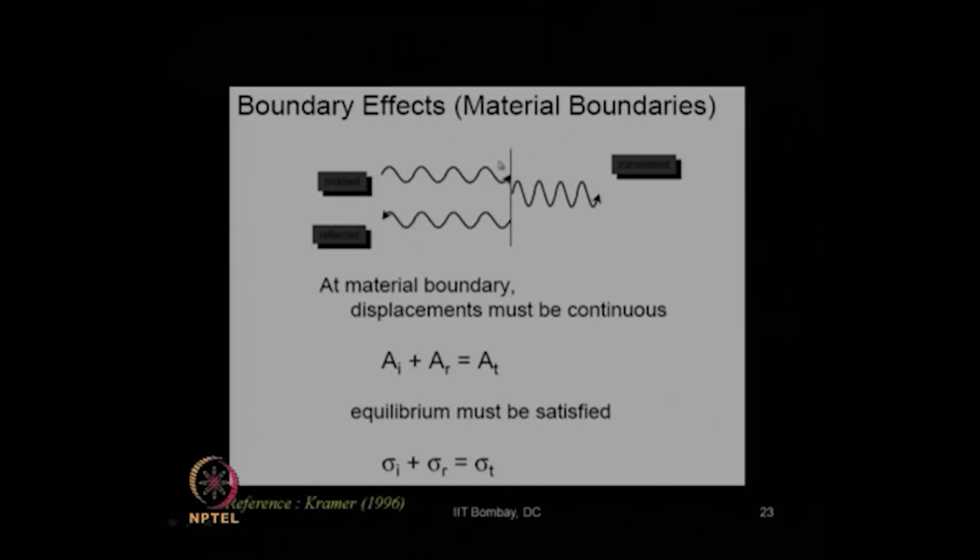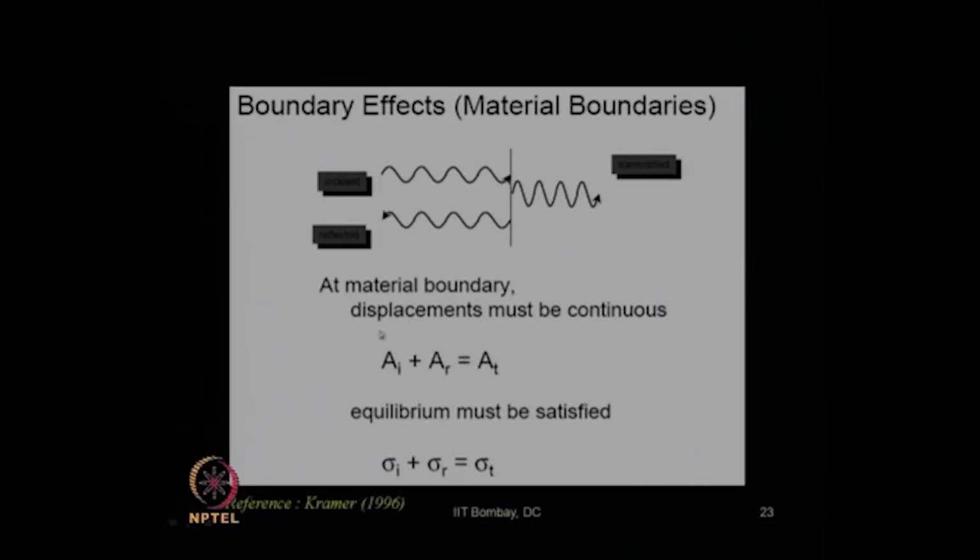So, to maintain compatibility at this material boundary, what are the conditions to be satisfied? At the material boundary, displacements must be continuous. That is the displacement compatibility, right. At this boundary, the displacement compatibility has to be maintained, and stresses must be in equilibrium. These are the two conditions we always have to apply at any boundary, right.